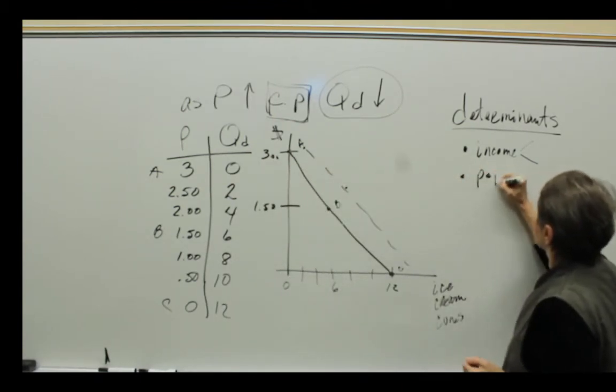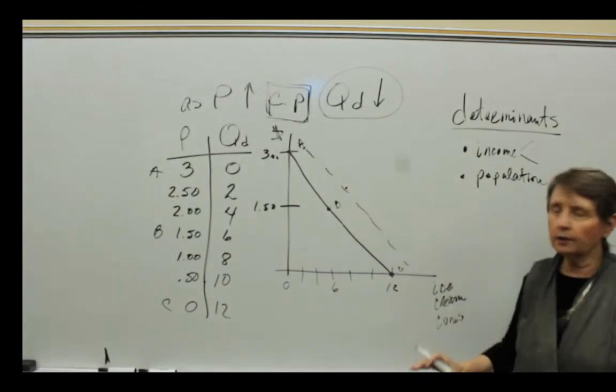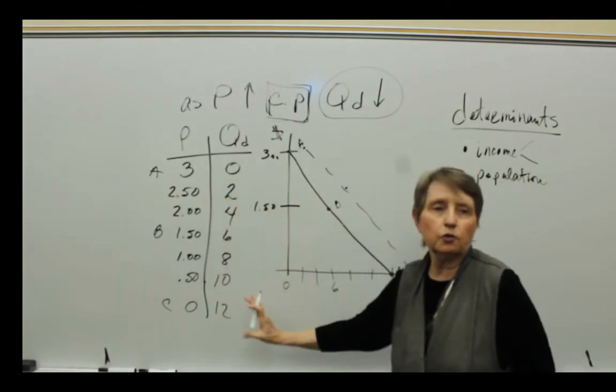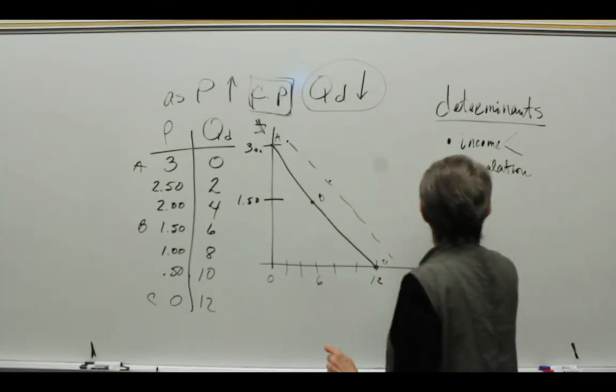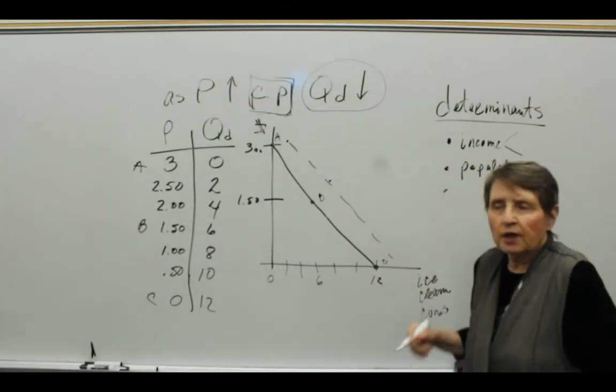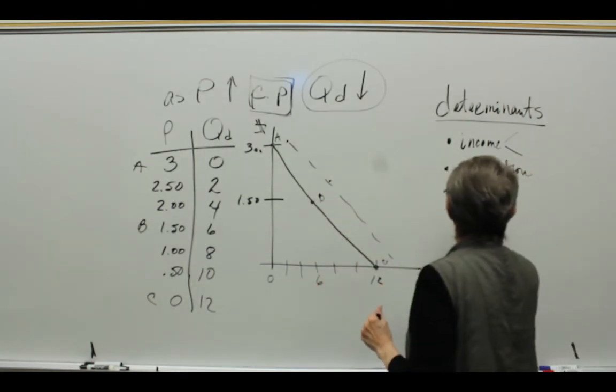Another one would be population. Of course, if population increases, then the number of ice cream cones we sell would increase. A third one is if there is a change in consumers' tastes or preferences.